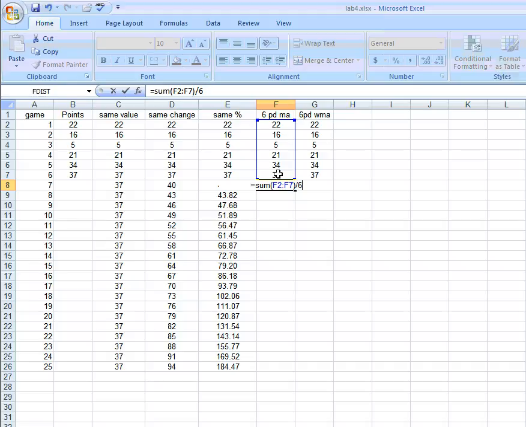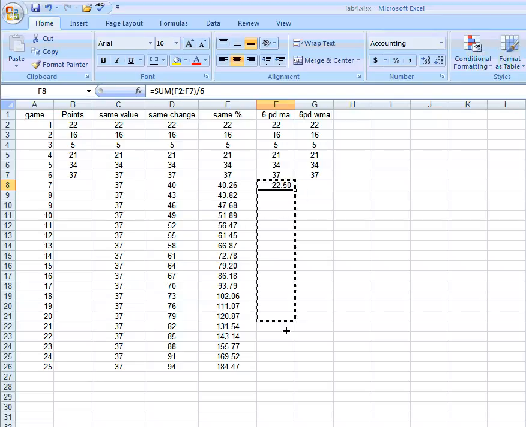So we're adding up those numbers. You get 22.5. Let's change this to a number by clicking up here. 2 decimals. Copy that down.